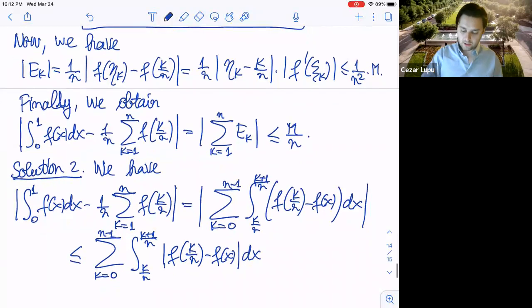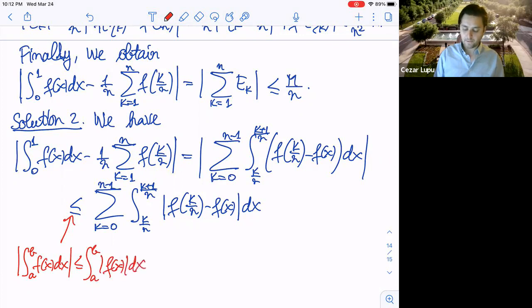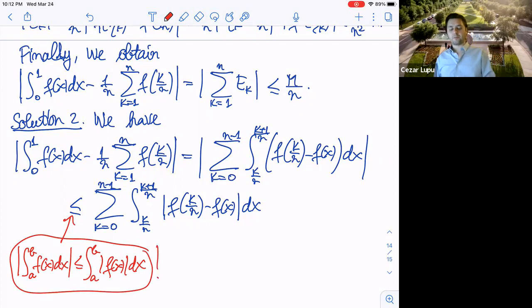Here, let me just mention, we applied this inequality: the absolute value of the integral of f is less or equal than the integral of the absolute value of f. So this is what we applied here. All right. Great.